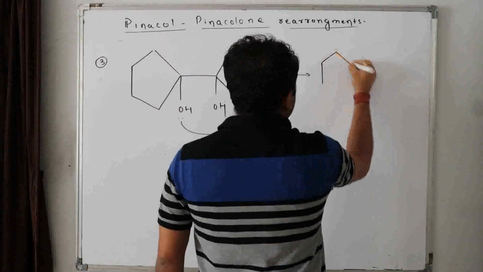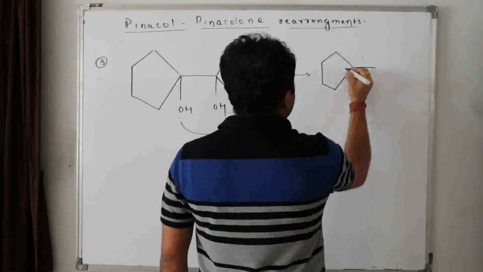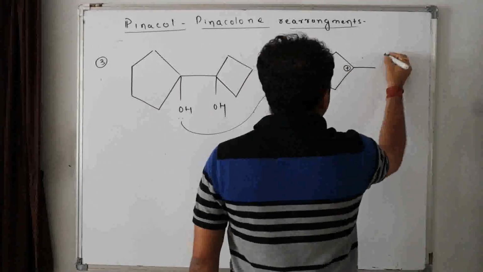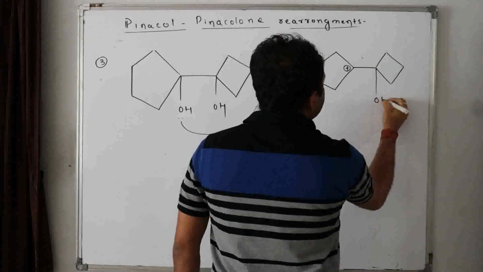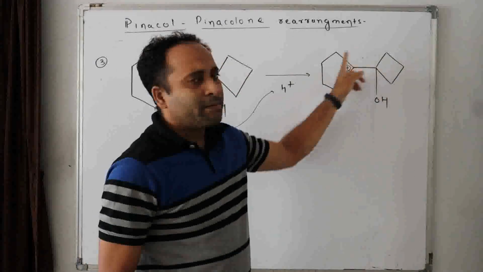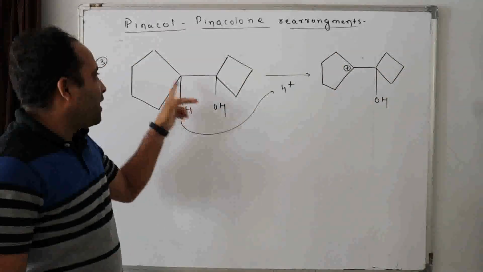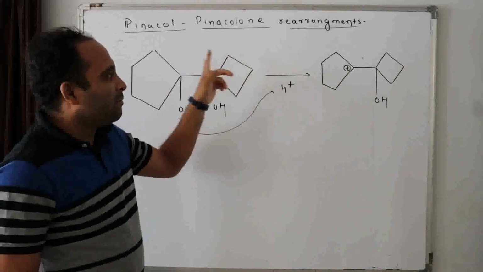Can I get something like this? Plus. Now by doing this, did I give a chance for this 4-membered ring at the alpha position plus to expand? If I remove this OH, I'll give the 5-membered ring a chance to expand. 5 will become 6, 4 will become 5.